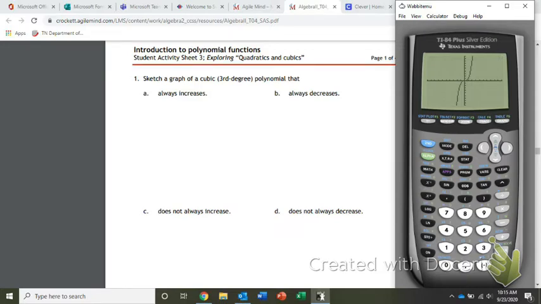What do you notice about this specific graph? Well, it's always increasing. Now, how could I make that always decrease?